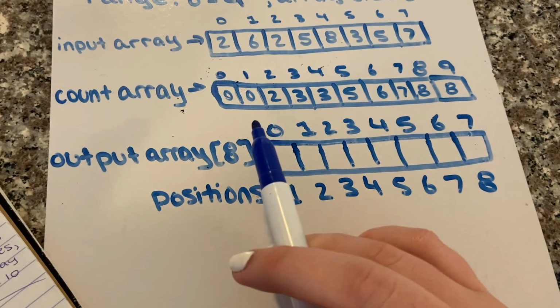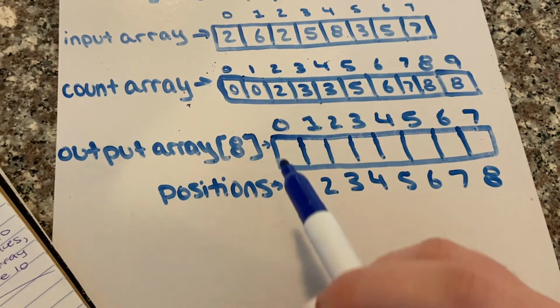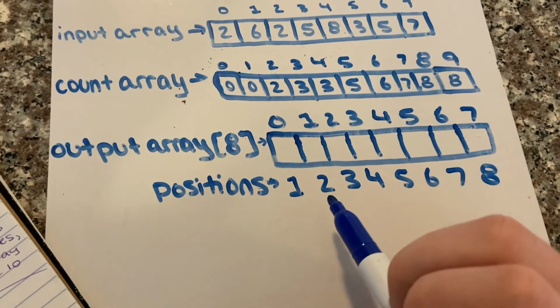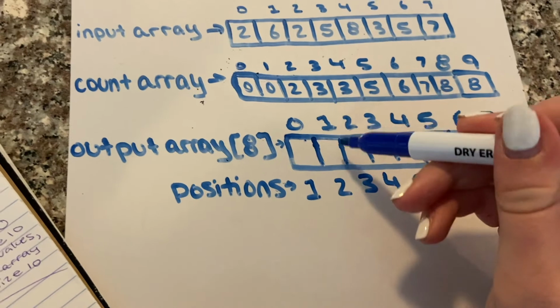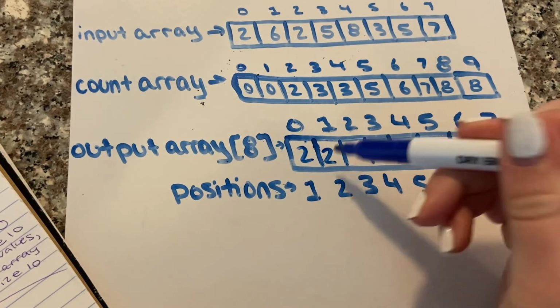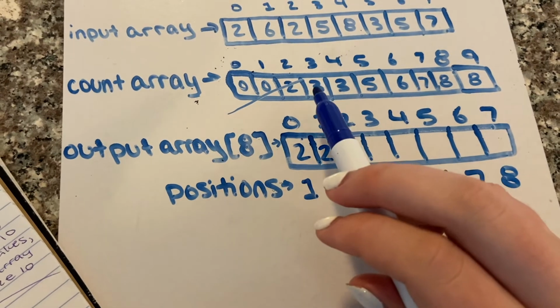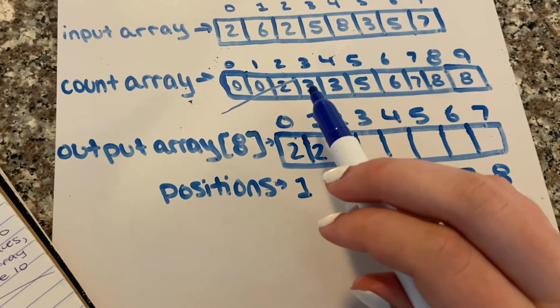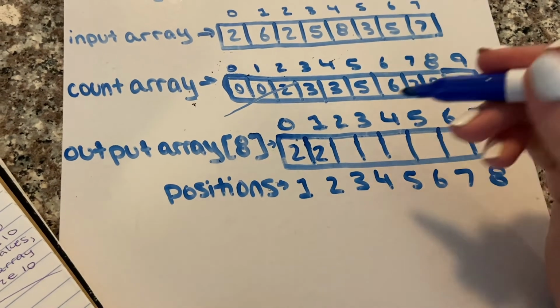And then we'll move on to index 2. 2 has a value, and since it's 2, that means it'll take up positions 1 and 2. So we're going to put a 2 and a 2. So those are done. We move on to index 3 in the count array. And since it's a 3, that means that 3 will take position 3.